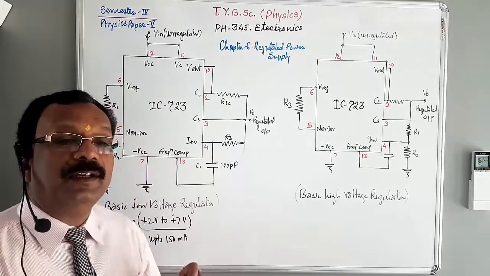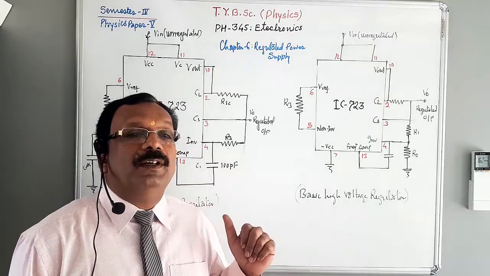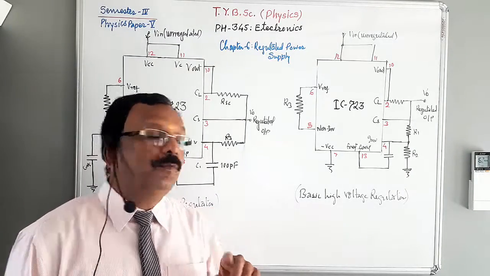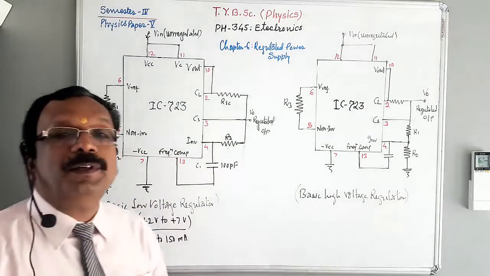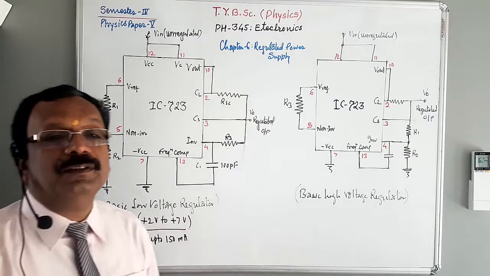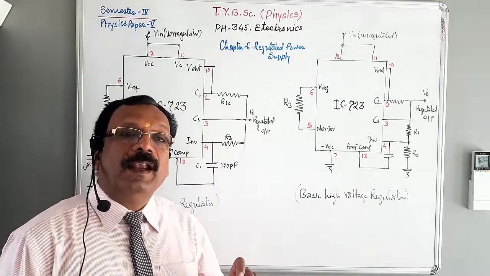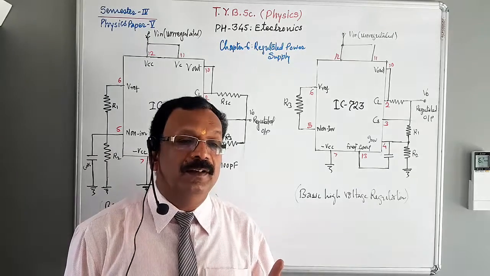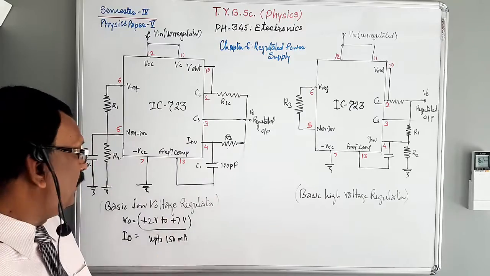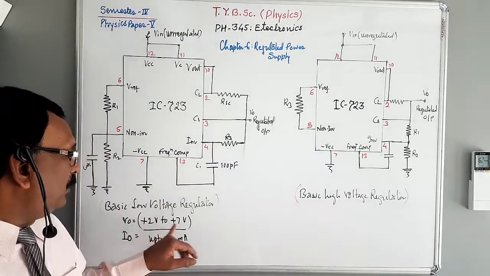I would like to tell you that the basic voltage regulator using IC 723 has the output range from plus 2 volt to plus 7 volt. Why is it not 0 volt to plus 7 volt? This is very interesting, and you have to remember forever why the range is plus 2 to plus 7 volt.